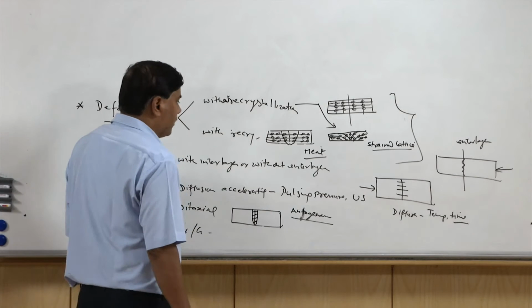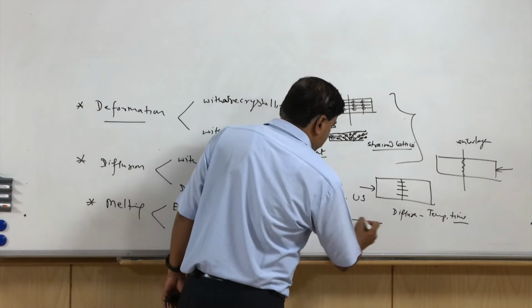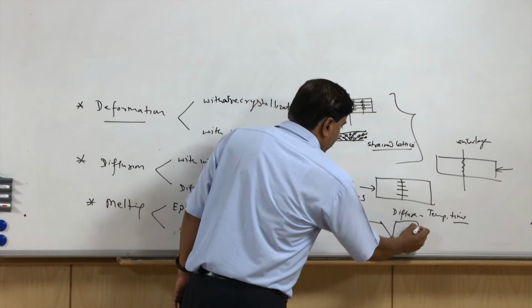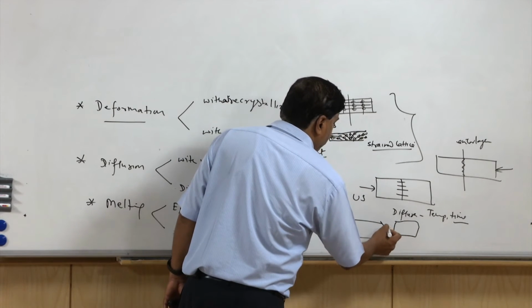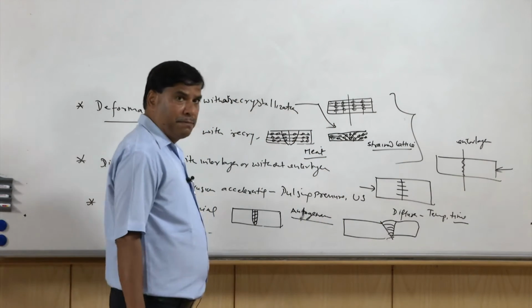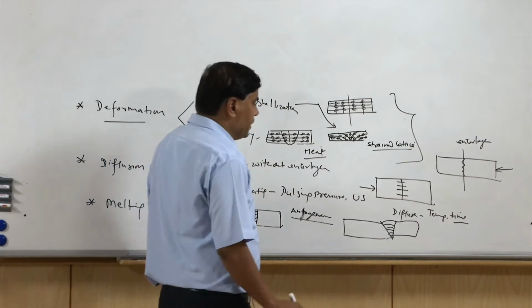And when greater thicknesses are to be joined, then a groove is usually made, and the groove is filled using a filler. Filler may be of the same composition as the base metal or of a different metal.